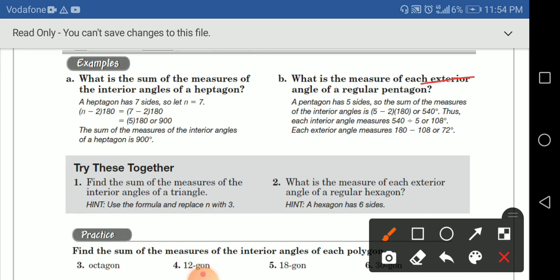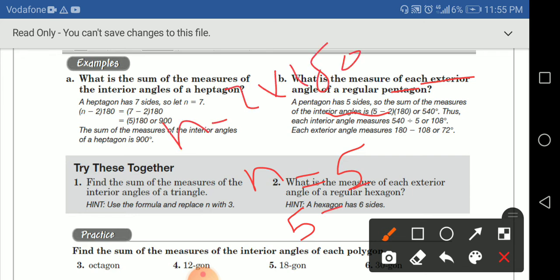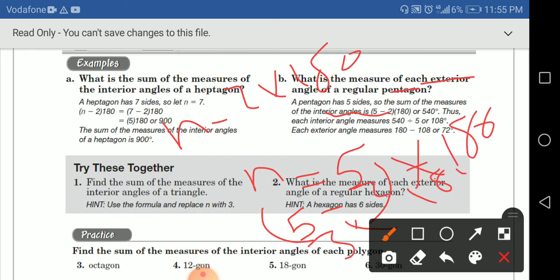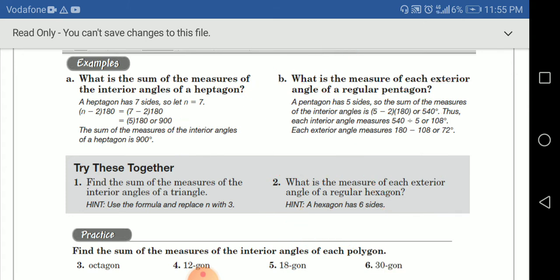Pentagon means 5 sides, remember that, so n equals 5. The sum of the measures of the interior angles is n minus 2 times 180. So 5 minus 2 times 180 is 3 times 180, which gives 540.